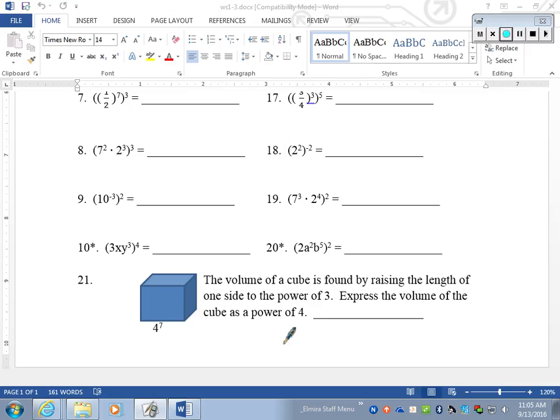Why? Because volume is length, 4 to the 7th, times width, 4 to the 7th, times height, 4 to the 7th. So 7 times 3 is 21, or 7 plus 7 plus 7 is 21. But the bottom line is your answer is going to be 4 to the 21st power on that.